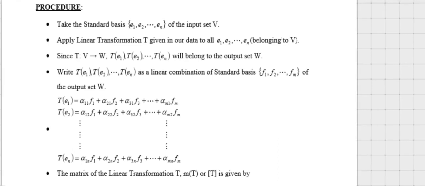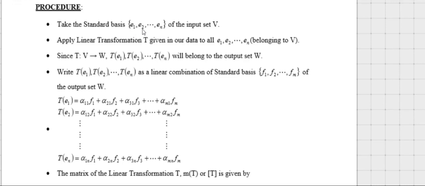The next step is we have to apply the linear transformation. The linear transformation will differ from problem to problem. They can give any transformation. You have to apply that formula to all the basis vectors.